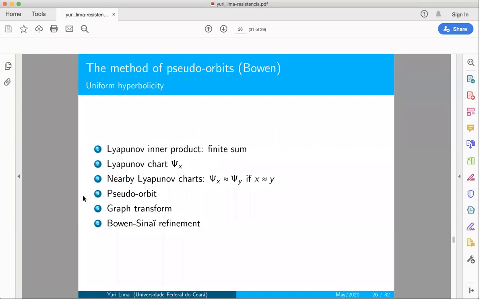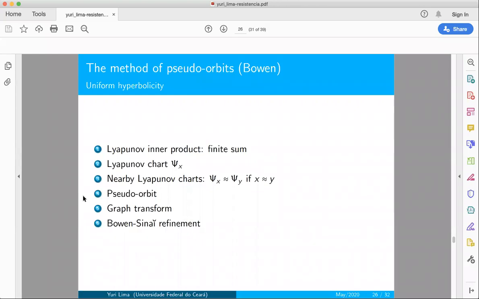And this is the second ingredient in the method of pseudo-orbits of Bowen. The third one is an easy observation: under uniform hyperbolicity, the splitting is continuous. So these charts behave continuously with respect to the point x. One of them is close to the other whenever the centers are close.